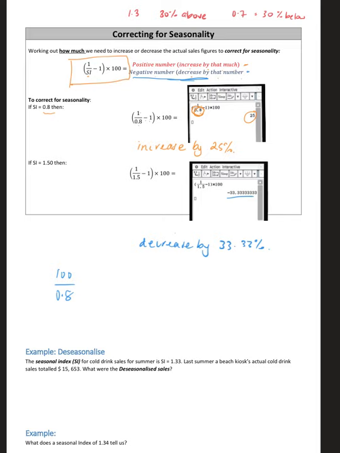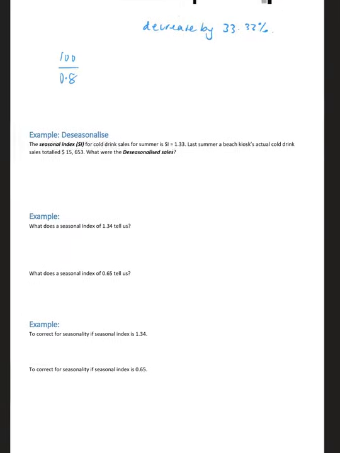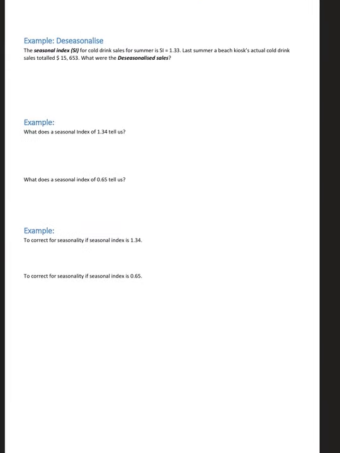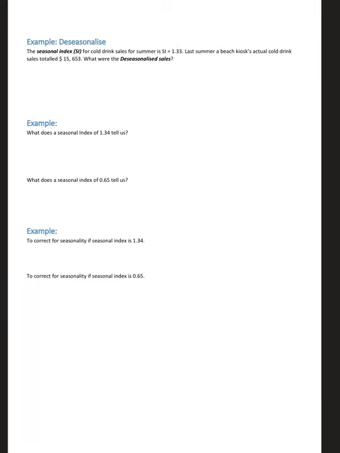All right, I might go through a couple of questions just summarizing all the seasonal indices stuff. So this will go on from the last video as well. For example, if I'm deseasonalizing data, deseasonalizing means taking off the seasonal effect. If the seasonal index for cold drink sales for summer is 1.33, interpreting that, this means it's 33% above the seasonal average. Last summer, a beaches kiosk's actual cold drink sales totaled 15,653. What were the deseasonalized sales?